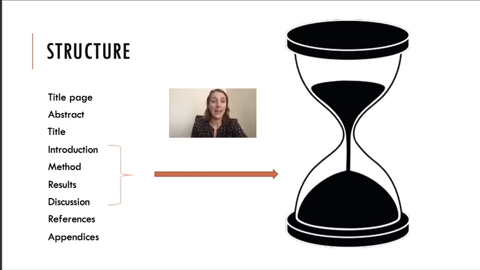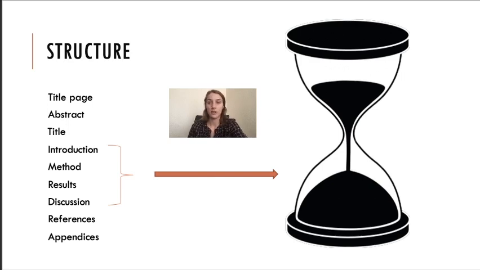Title will go again just before your introduction, and you'll see that in the examples we give of APA formatted papers. And then you write the bulk of your paper, and that's made up of your introduction, your method, your results, and what we call the discussion. And then we'll have references and sometimes, in some cases, an appendix. And we'll get to that after we talk about the discussion.